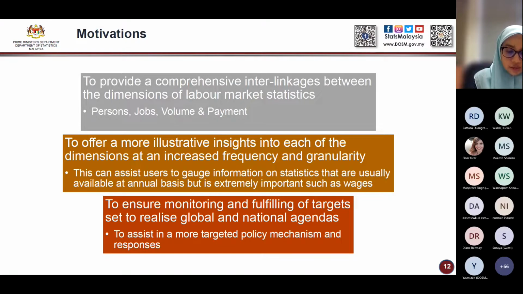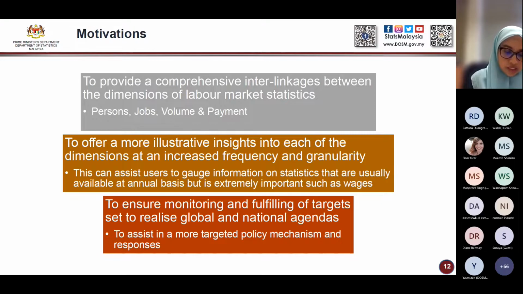From the challenges that we've encountered, the main motivations to develop an account illustrating the linkages between labor market statistics are, firstly, to provide a link between the dimensions of labor statistics in such a way that national accounts can balance income and production, whereby we can show these are the gaps between the data, illustrate what these gaps are doing, and how we can identify and address the situation.